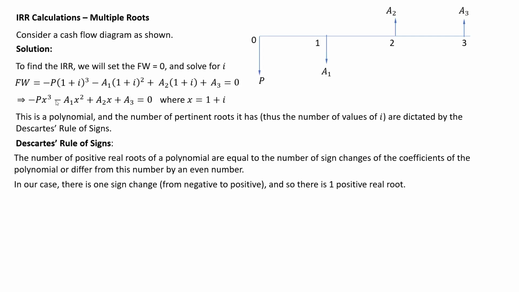So the only sign change occurred from negative to positive, from A1 to A2, right? According to Rene Descartes' rule of signs, we can be confident that there is only one positive real root. So in the previous case, where we did have numbers for P, A1, A2, A3, that single value that we got is perfectly fine. Okay, that's the idea. All right.